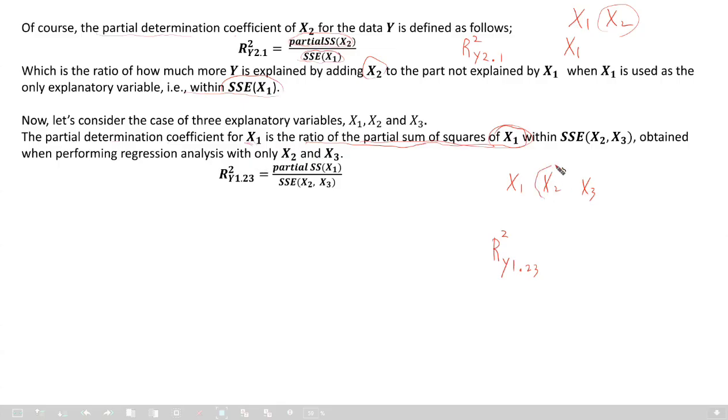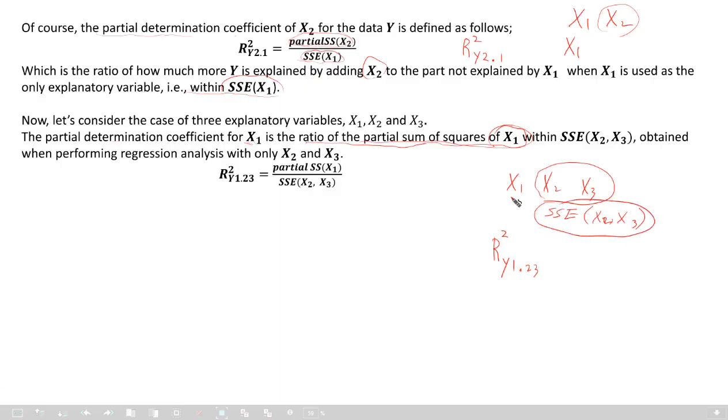You take x2 and x3 first in the model, then there is residual sum of square of x2, x3.